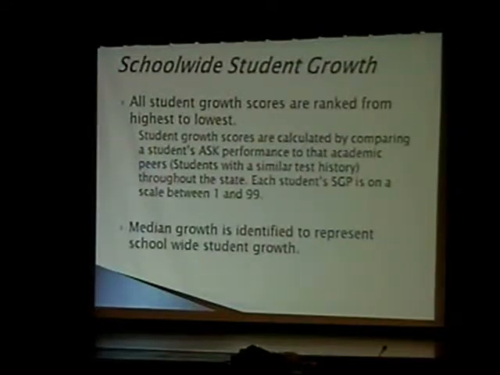So if I took a list of scores and there were 21 scores, that middle score would be the median, as opposed to the mean, which is the mathematical average. But median is the measure that the Department of Ed selected. They believe it is the statistically most valid measure for this type of assessment.